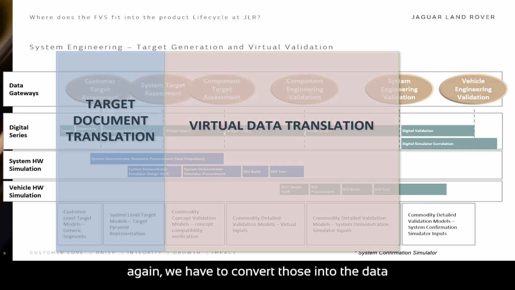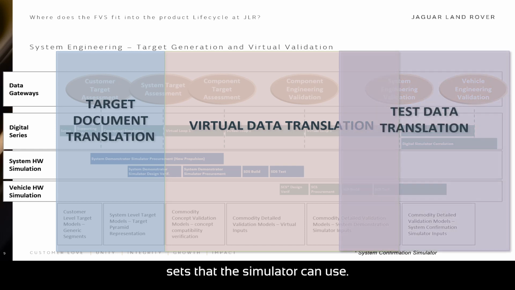Again, we have to convert those into the data sets that the simulator can use. And finally, once we have our test data available, again, we have to translate those data sets. So we need to set up these translation routines all the way through the life cycle of the process to help us build our models.